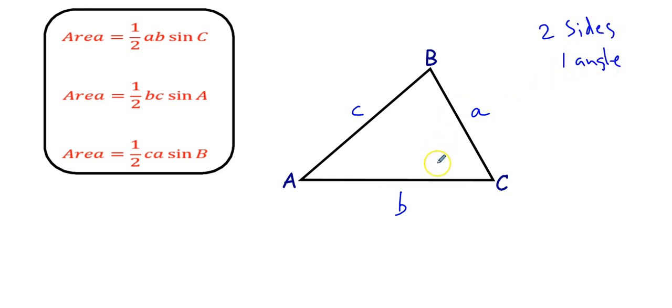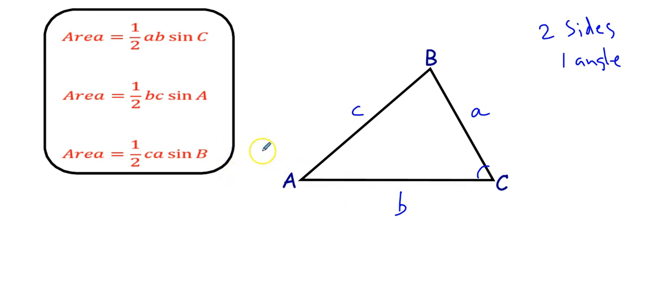Let us say if you know the 2 sides, the measures of these 2 sides A and B, A is given, B is given, then angle C should be given to you. So we use this formula, area equal half times AB times sine C. And if you know BC, use the second formula, half BC sine A. And the CA is given to you with an angle B, half times C times A times sine B. That's how those 3 formulas are obtained.